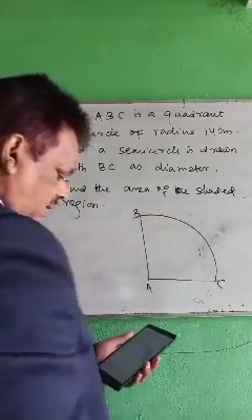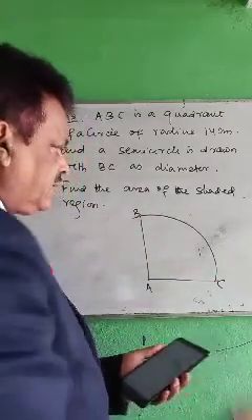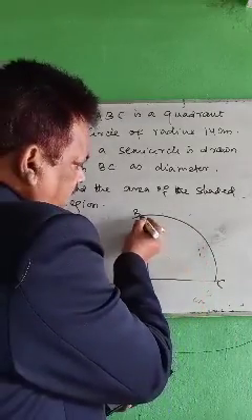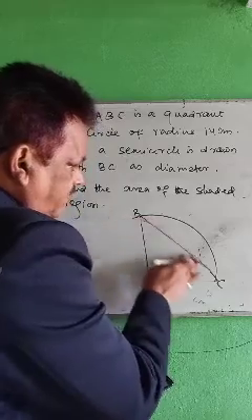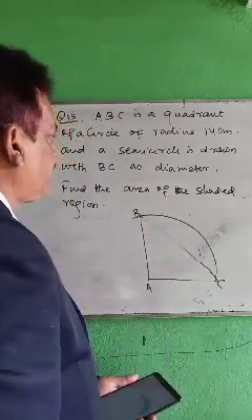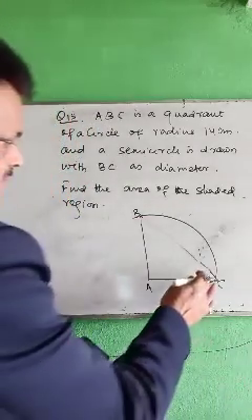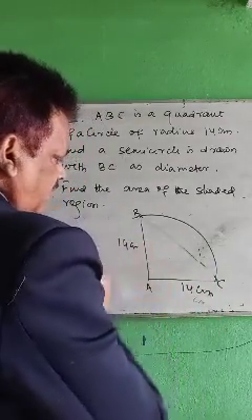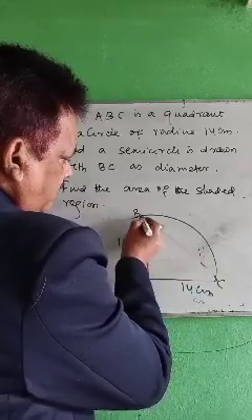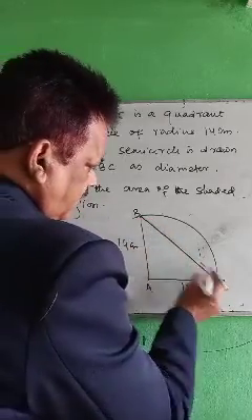Now BC is the diameter. First you see, this is your quadrant. Radius 14. This is 14, this is also 14. But this is not 14. This is how much you have to find out.